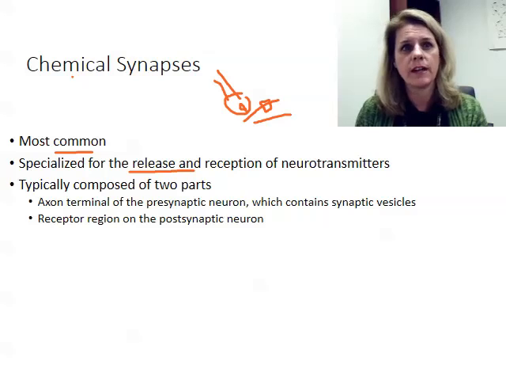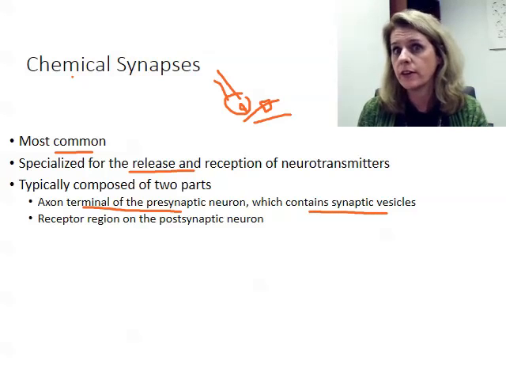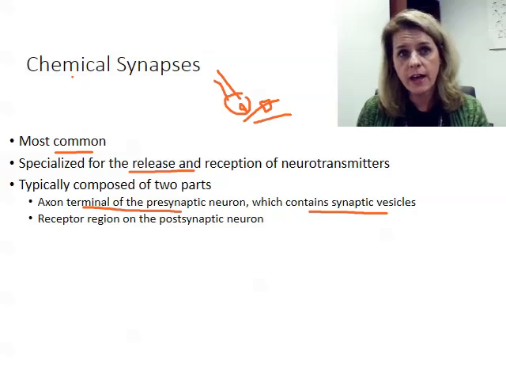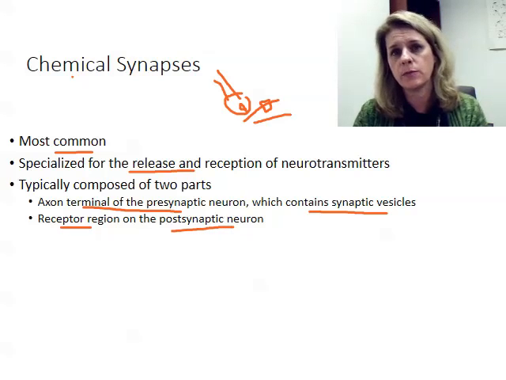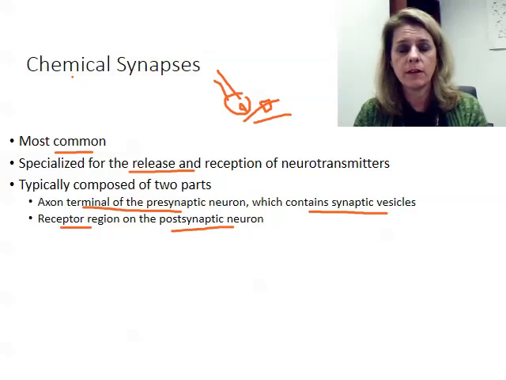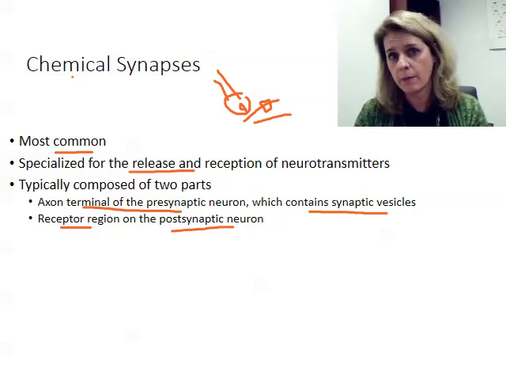Well, that's a chemical synapse. So you have your axon terminal of your presynaptic neuron, which has a vesicle containing a neurotransmitter, and there's lots of neurotransmitters. And on the postsynaptic side, you have a receptor that binds that neurotransmitter, usually maybe a channel or a protein, and when it's bound, something happens.